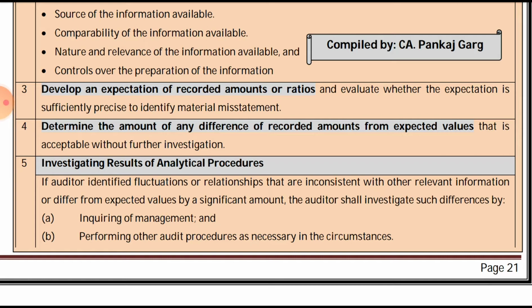If an auditor identifies a fluctuation or a relationship that is inconsistent with other relevant information, or that differs from the expected value by a significant amount, the auditor shall investigate such differences.